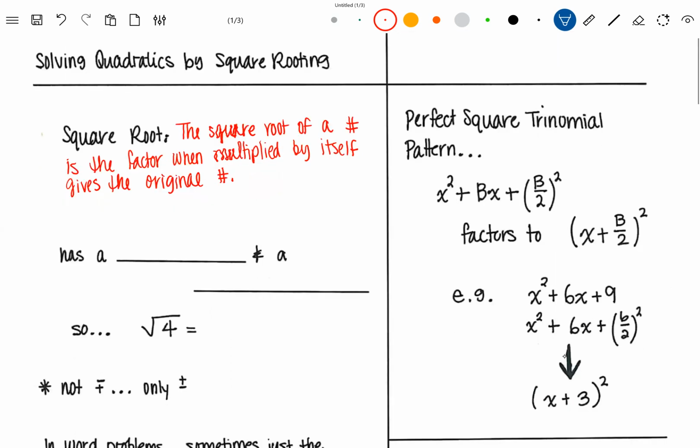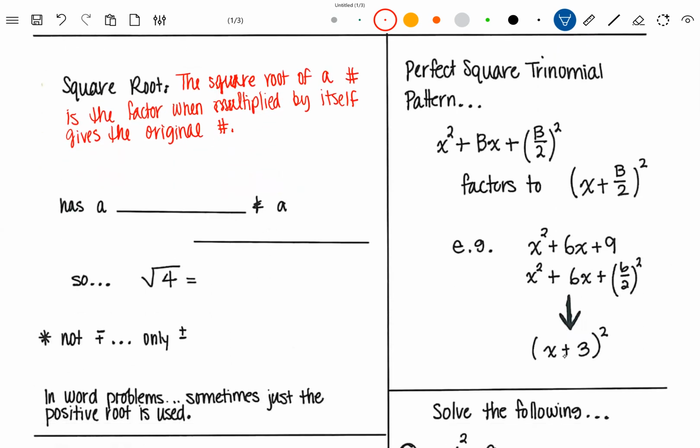However, one thing you might not know is that a square root has a positive, and we did talk about this a little bit with functions, and a negative root.